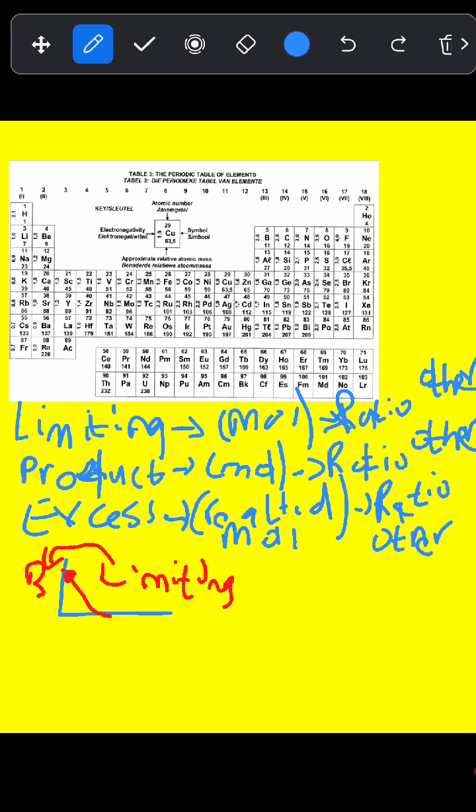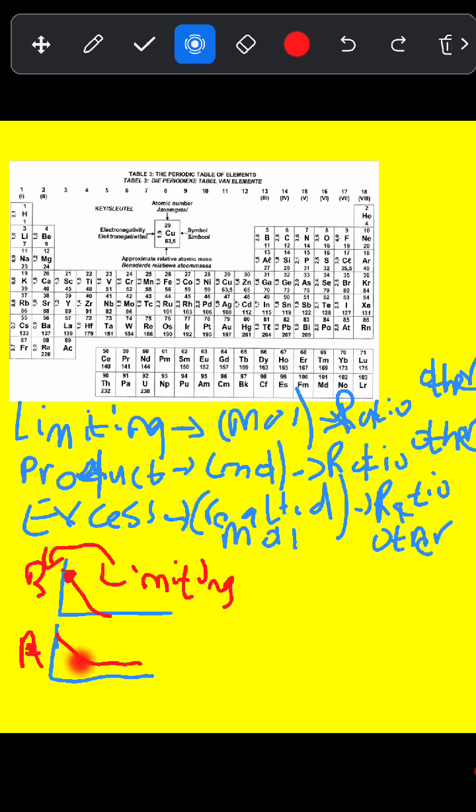Now, if it is like this, whatever the substance is, let me just call it A. You will realize that the initial amount of that substance is this.